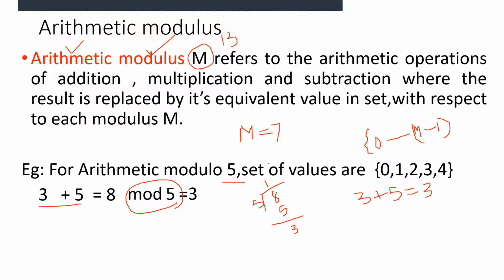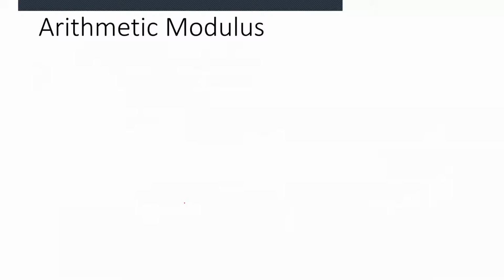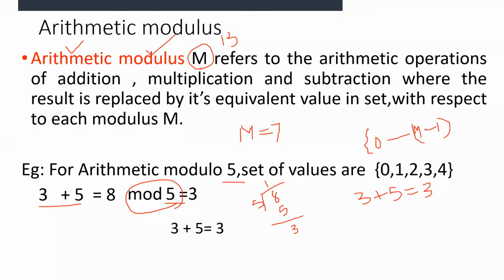If you are finding arithmetic modulo 7, the answer will be different. You have to find mod with 7. Here we found arithmetic mod with 5. Similarly, you can do one example: suppose you are finding mod with 7, what will be the answer? Instead of 5, you write 8 mod 7. What is 8 mod 7?